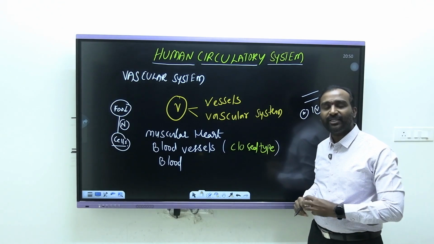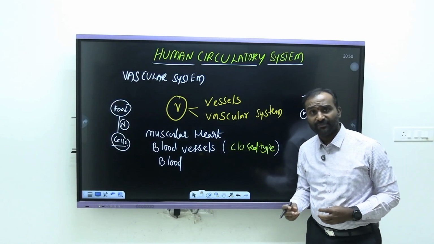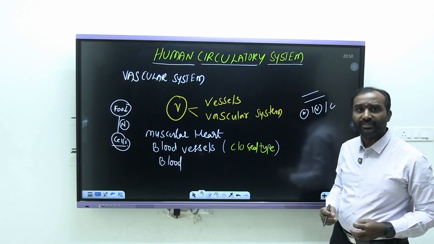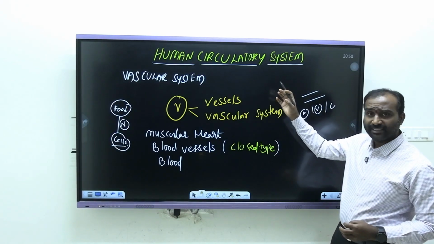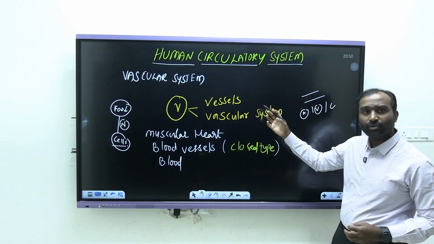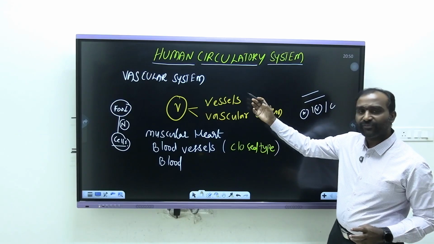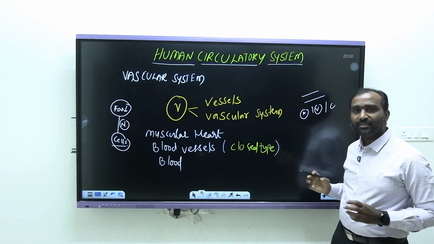These all play a major role to transport the materials, which is nothing but circulating the materials. Hence it is called the circulatory system, which works through the vessels. Hence it is called the vascular system. As I have mentioned, V for vessel, V for vascular system.